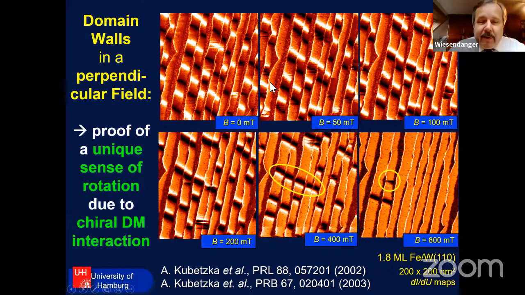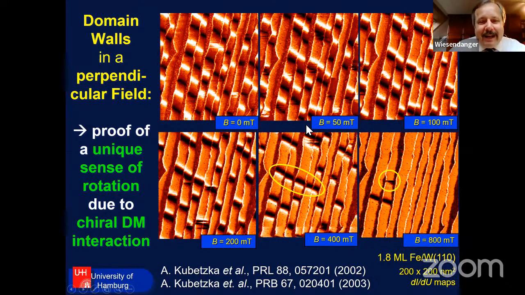So the question was then, what's the reason for this unique sense of rotation? And I have to say that 21 years back in time, Dzyaloshinskii-Moriya interactions were not so well known to us. They were discussed more in the field of bulk magnetism for crystal structures lacking inversion symmetry.